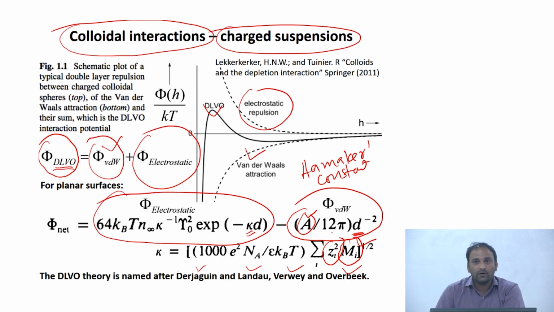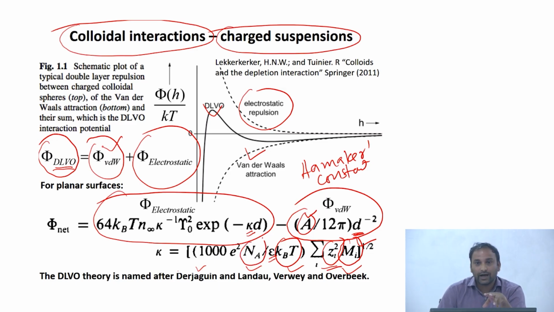It depends on the valency of the ion that I'm using, whether I'm using sodium chloride, that is Na plus and Cl minus, or CaCl2, Ca2 plus and 2 times Cl minus. So it depends on the valency of the ions, and of course on the thermal energy kBT and the permittivity of the medium in which the particles are dispersed.